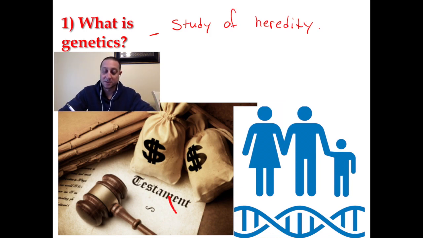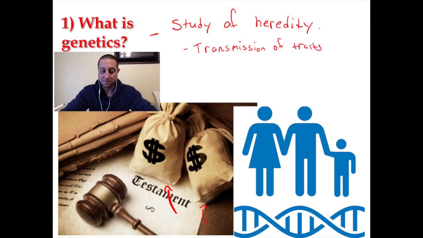In our situation, we're talking about genes, the traits you have, whether it be your skin color, hair color, eye color, height. That's all of the things that you inherit. Who do you inherit it from? Your parents, right? We can say this is the study of the transmission of traits.